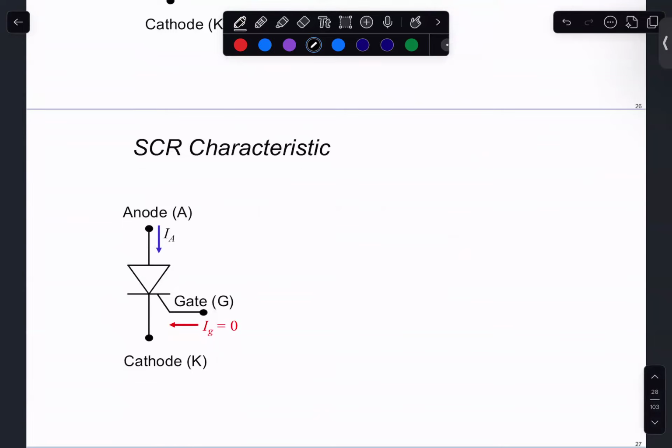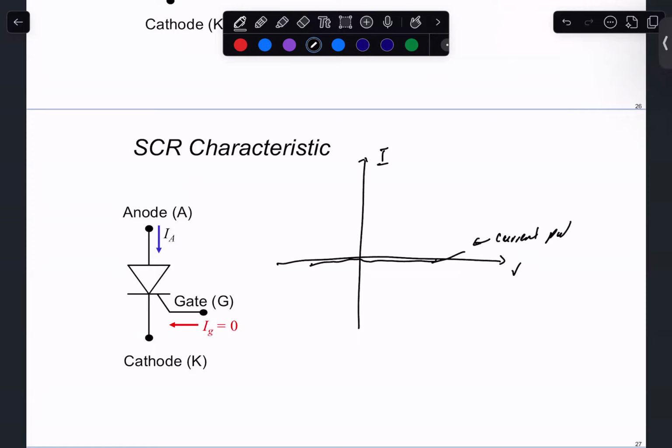The way we draw this is with the VI characteristic. This is V and I. This is off for this part, and then let's say we apply some current pulse here, and then this becomes a conductor.